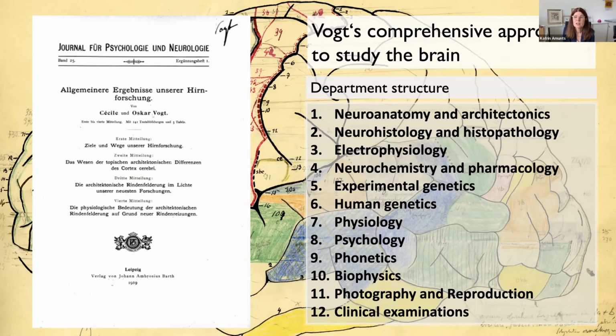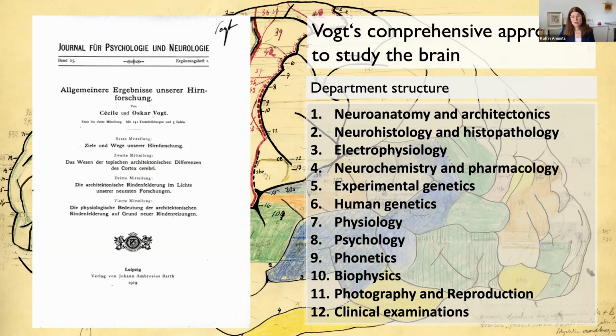There's also anatomy, histology, histopathology, physiology, psychology, even phonetics, and in addition, a photography and reproduction area, and the clinical examination ward, which had up to 42 beds for patients with neurological disorders.